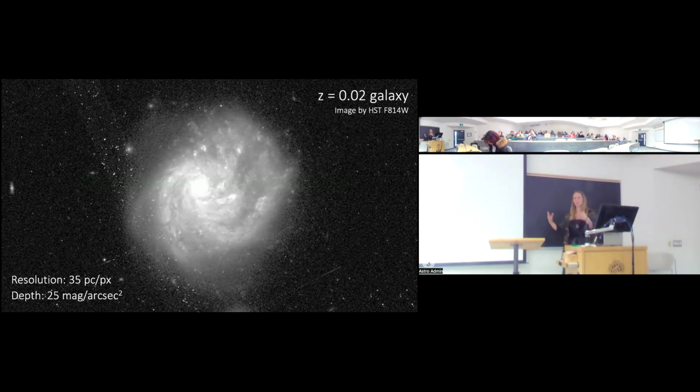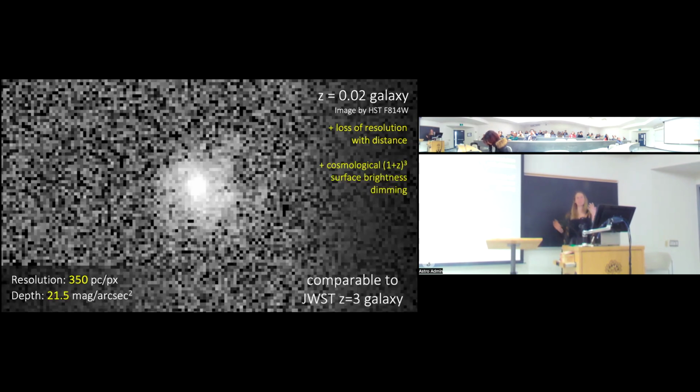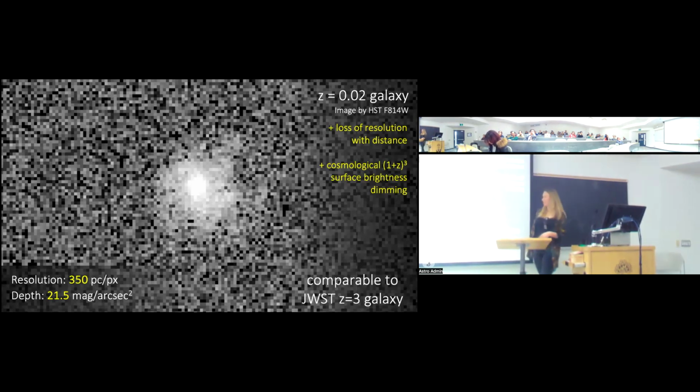The first thing you do is you lose the resolution because its angular size gets smaller in the sky. And so it starts looking something more like this. It's very blobby, you lose all the detail, but you also get hit with the cosmological surface brightness dimming, which is the bane of everyone who does anything with galaxy structure. And so it looks like this.